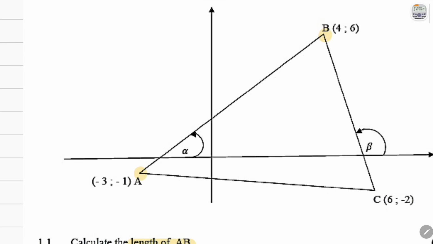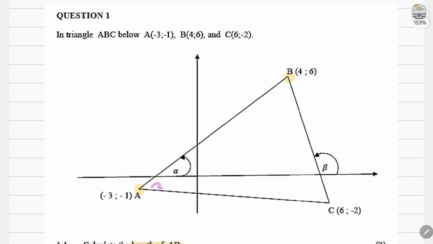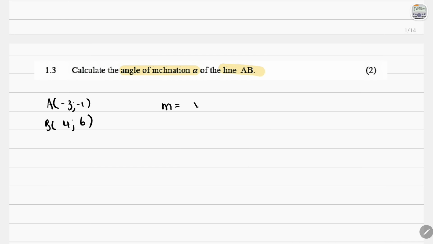So the line AB, as you can see, is an increasing function, so it has a positive gradient, and we already have 2 points on the line, so we can actually find the gradient. I'm just going to go ahead and take the points down. So to find the gradient of a line, we say change in y, y2 minus y1, over the change in x, so x2 minus x1.